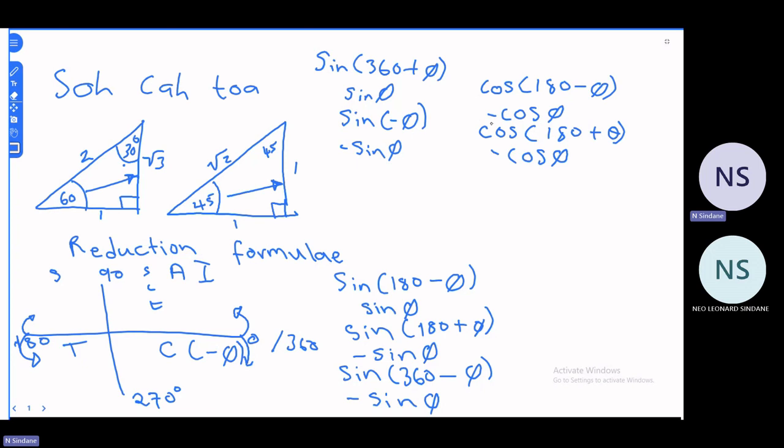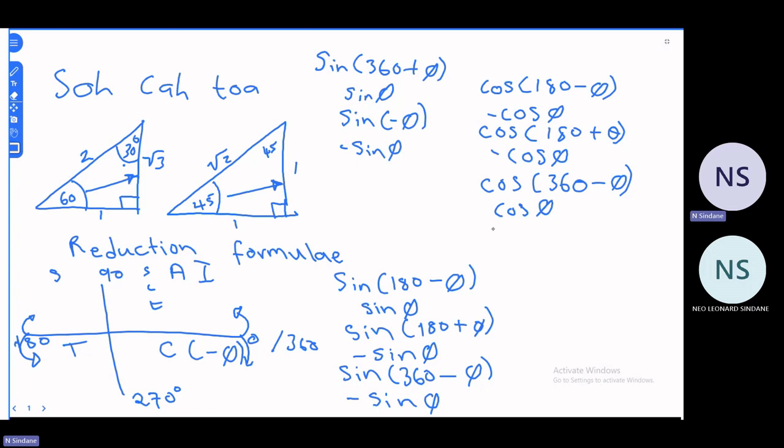Then come to cos of 360 minus theta. When we're saying cos of 360 minus theta, we are coming back to the fourth quadrant. In the fourth quadrant, only cos is positive, right? So in this case, we will have positive cos of theta, right?